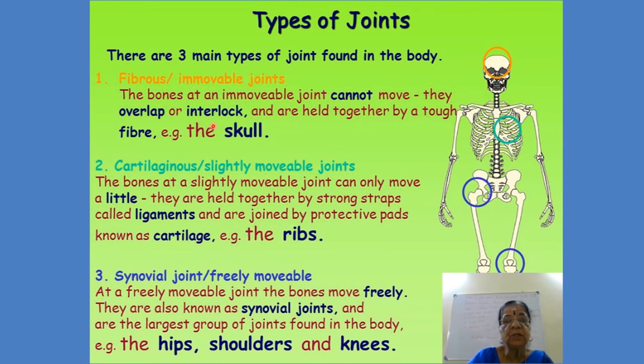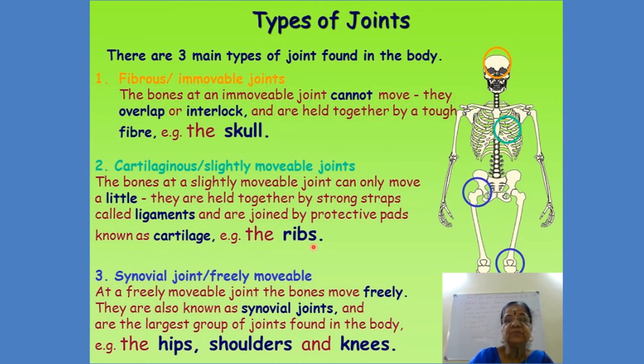They are interlocked by sutures. The skull bones are frontal, parietal, temporal and occipital. They are held together by a tough fiber suture. So an immovable joint, for example the skull. Next, cartilaginous or slightly movable joints. What is it?